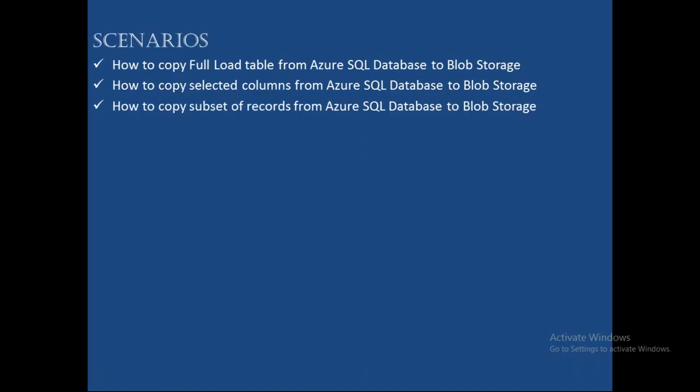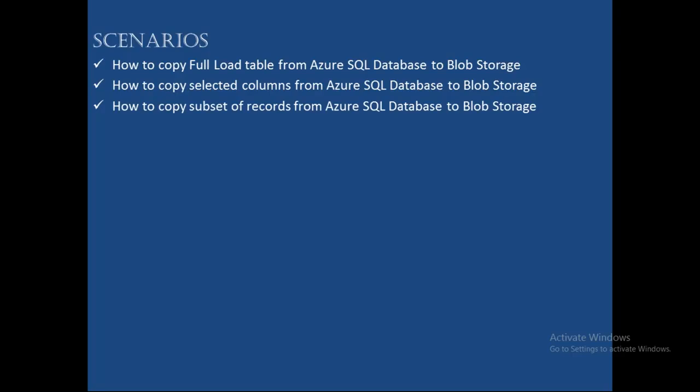Next, how to copy a subset of records from Azure SQL database to the blob storage. Subset means, instead of selecting columns, we are going to select only records. For example, the first customer, 1 Rama, is from India, 2 Krishna is from US, and 3 Sai is from UK.